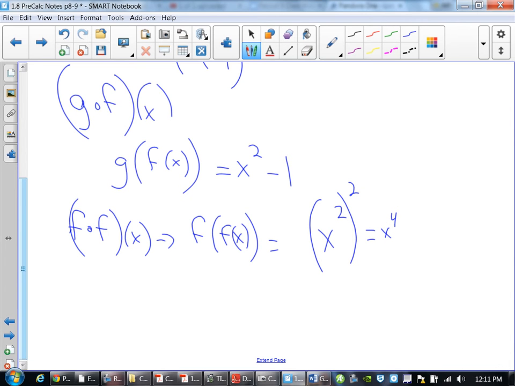Now, I know that you guys did problems that look like this. Let's say you had F of G of 3. With that scenario, you had F of X was X squared and G of X was X minus 1.